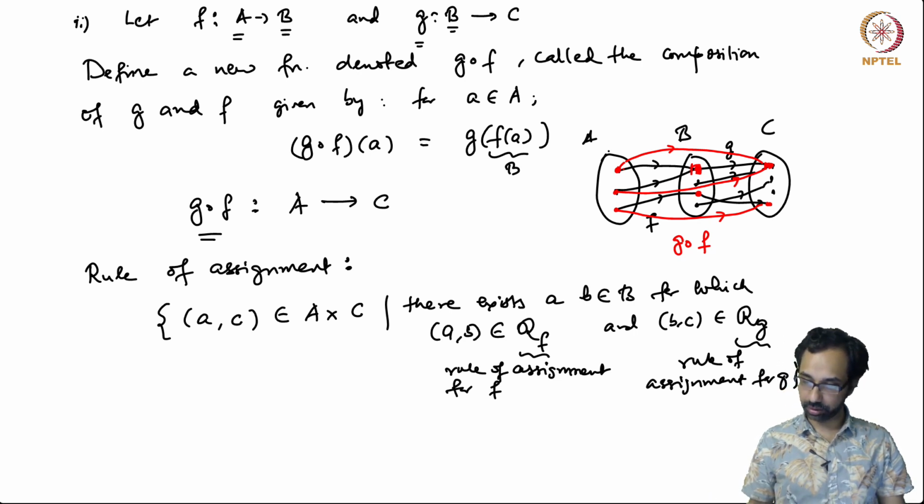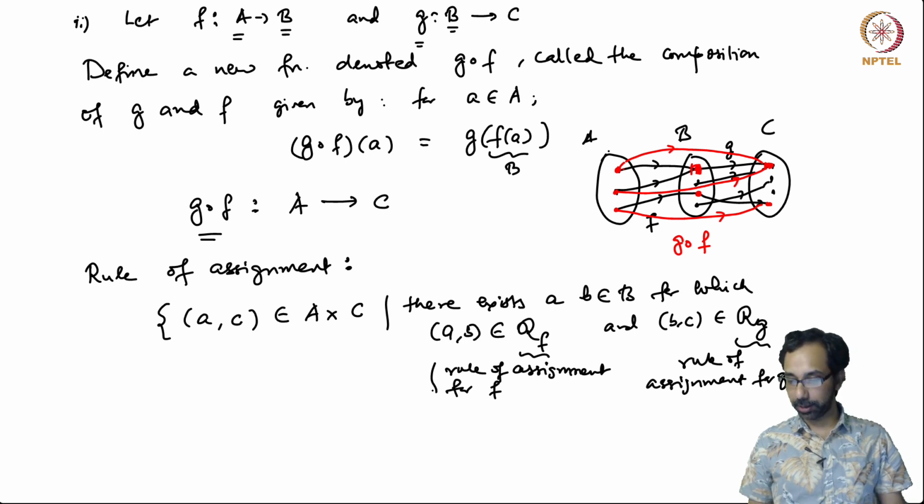So this is the rule of assignment corresponding to the composition g composed with f. So in this way we can construct new functions in these two ways. There are also other ways to do that, and we will see them later.